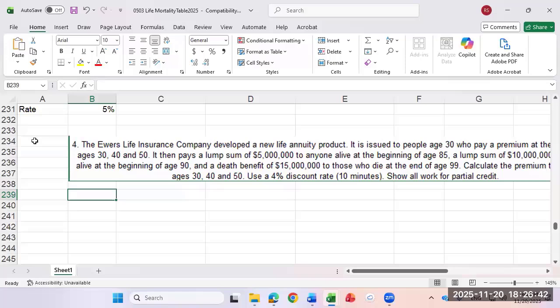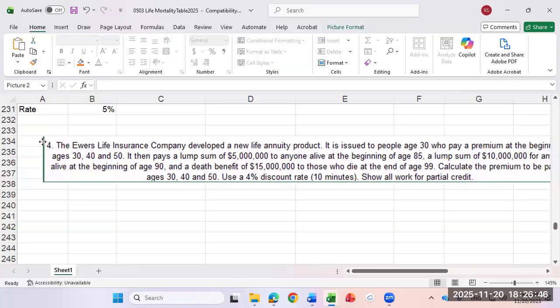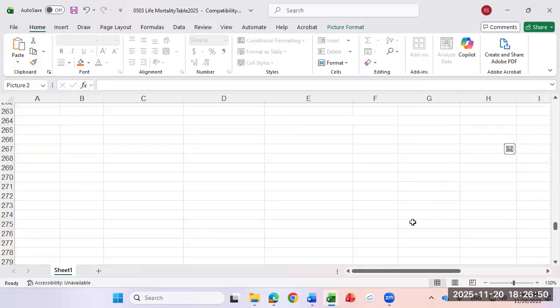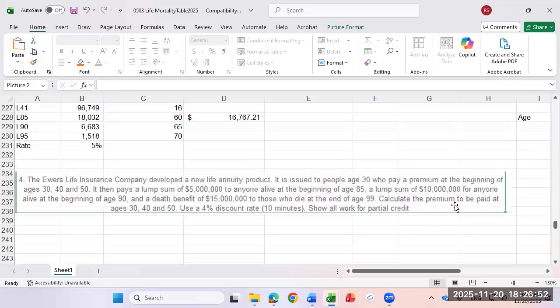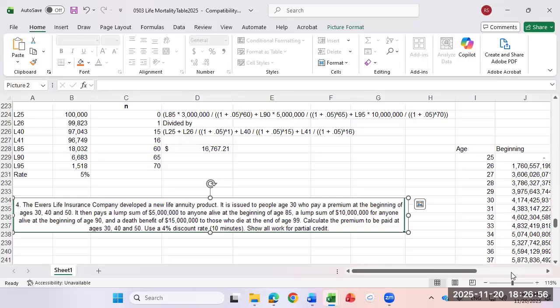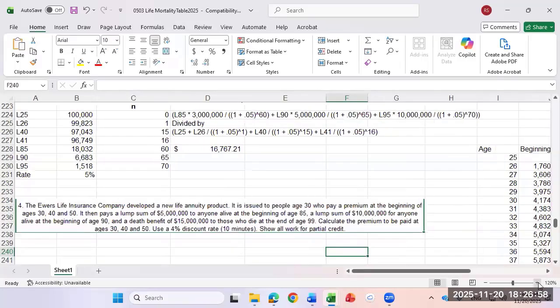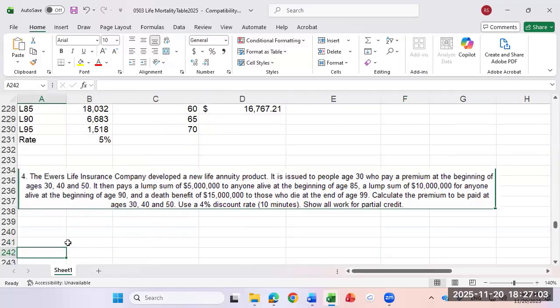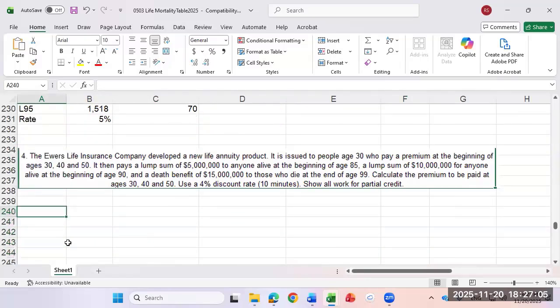All right. Uber's life insurance company has this new product. This one has life and death in it, so you have to be careful when you add the one.